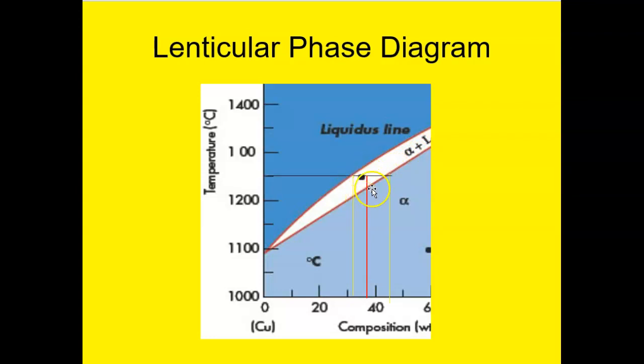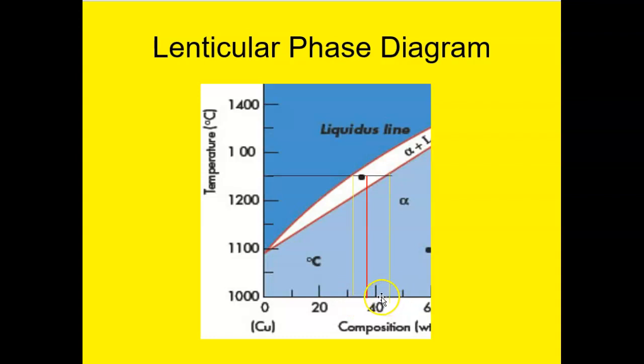If I want to find out what is there at that specific point, I will use a rule called the lever rule, and I will just draw a line straight from this black spot all the way down, and where it is touching the line on the top all the way down, and that line where it is touching that line all the way down. And I will record these values, whatever these values are.